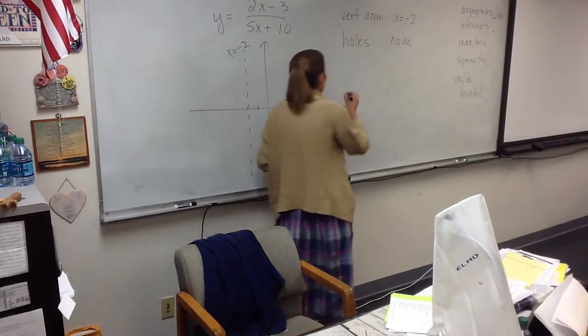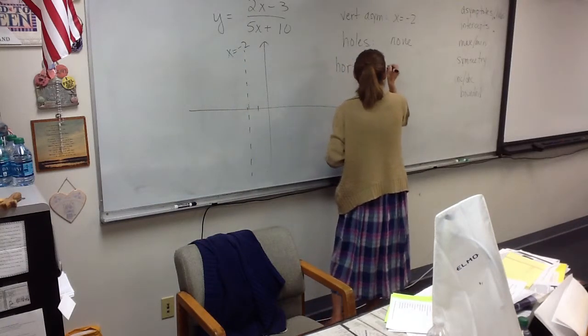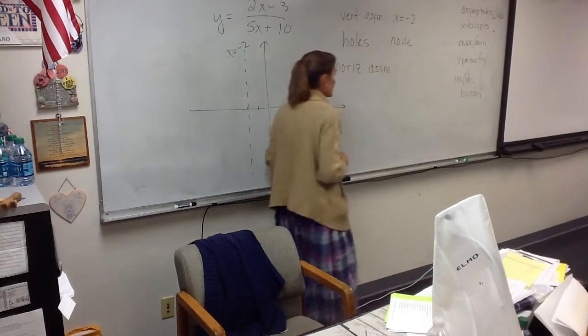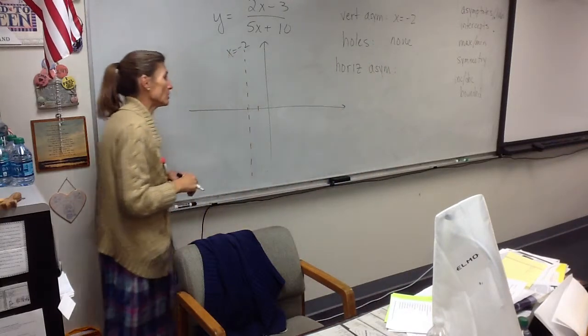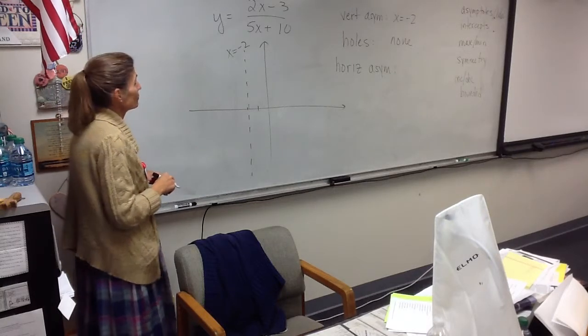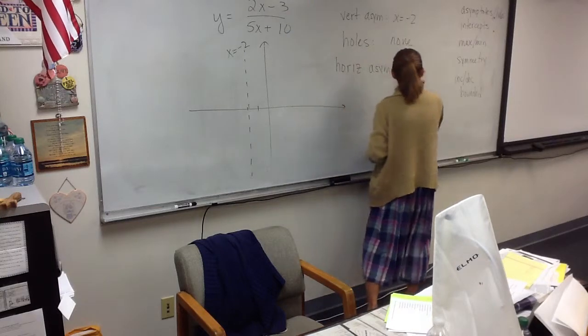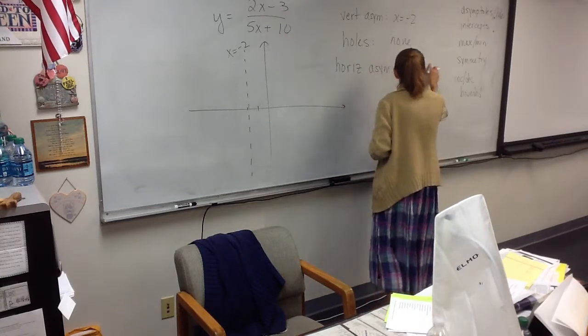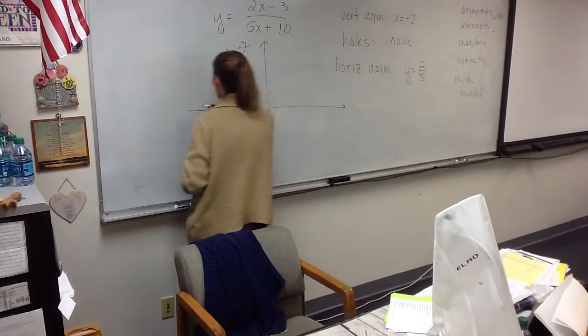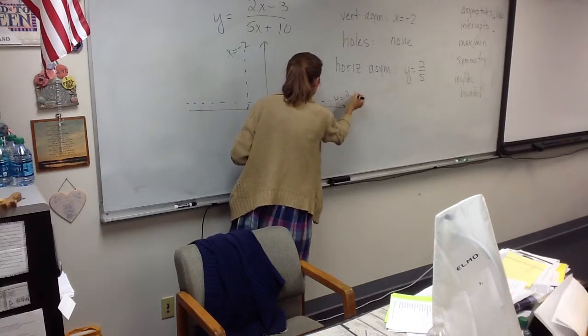Now, horizontal asymptotes. We haven't talked about this. We kind of saw them on our calculators yesterday, but we haven't talked about it, and we need to. The horizontal asymptote in this picture is at y equals 2/5.